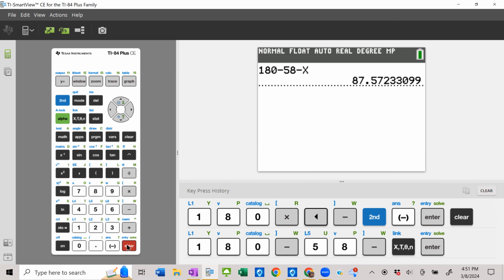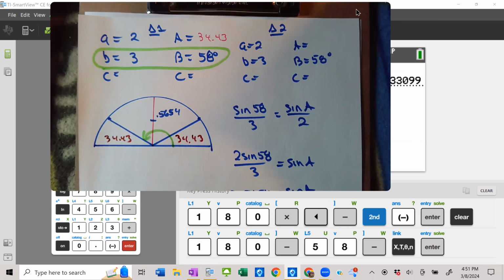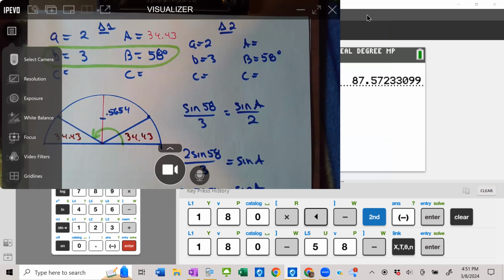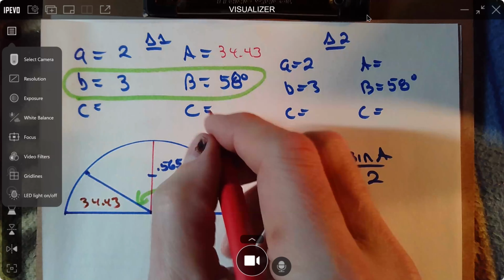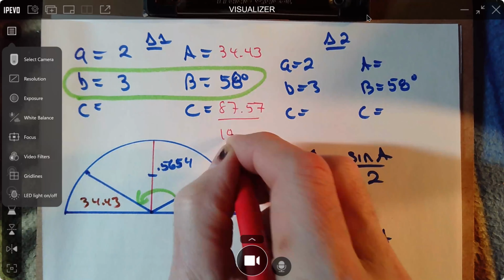So we're left with about 87.57 degrees, for a total of 180.